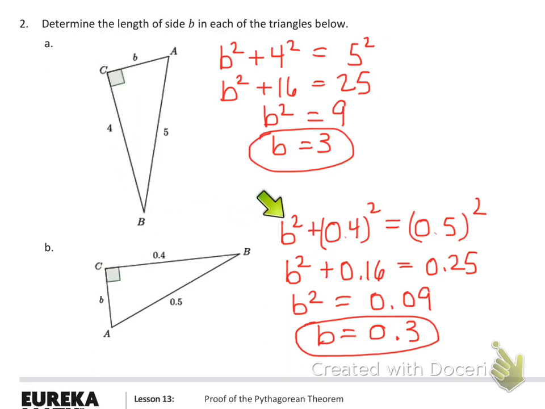b squared plus 0.4 squared is 0.5 squared, or 5/10 squared. Simplifying it out, I get this. Here I'm going to subtract 0.16 from both sides to get b squared is 0.09.